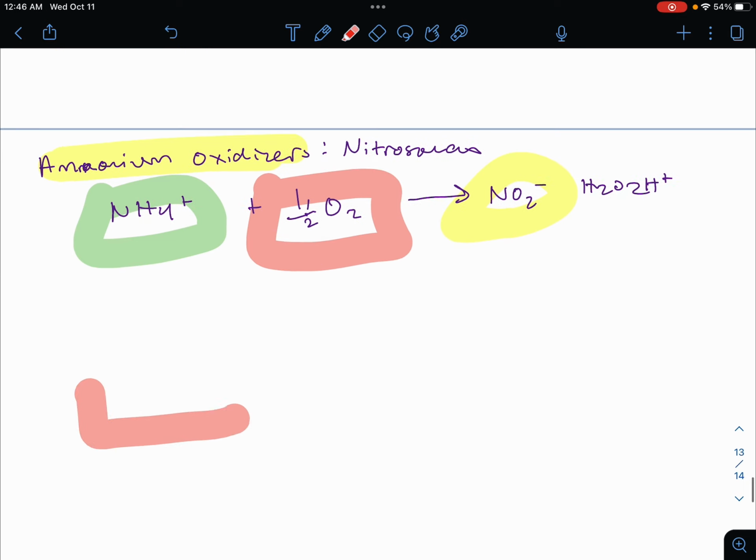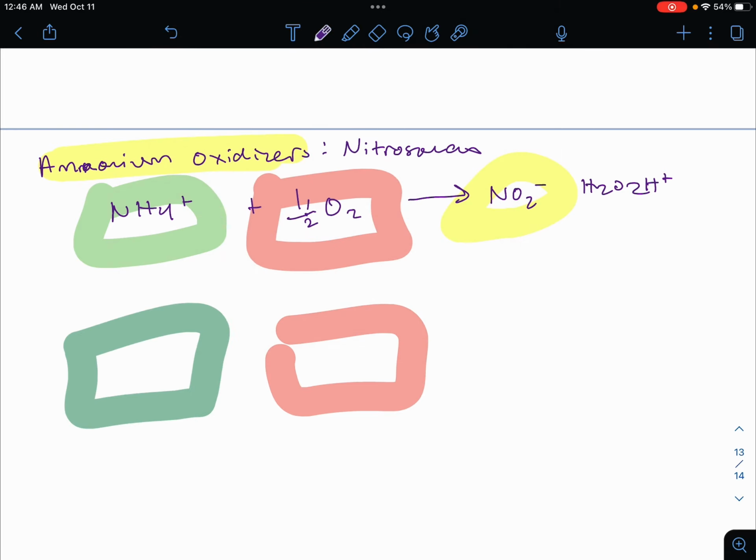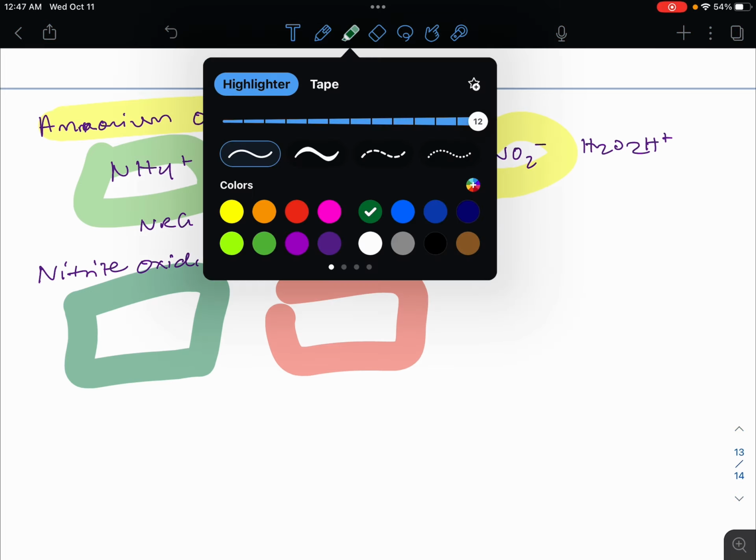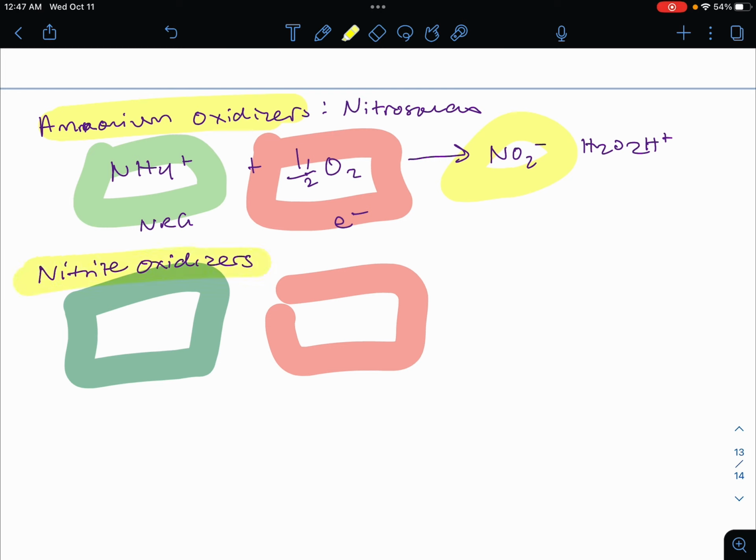I'm going to just draw that down here too. So we're going to have kind of a mix and match here. So we have that equation again: energy source, terminal electron acceptor, product of NO2 minus. Okay, so nitrite oxidizers will be this equation here, and that's going to be using that NO2 minus from this step.